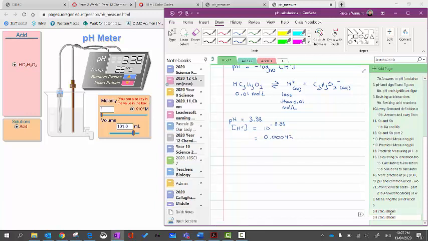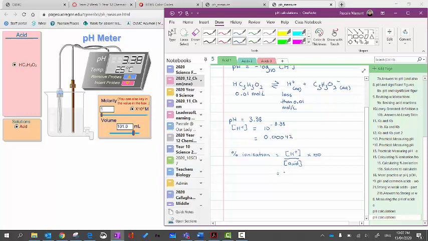Okay, and now that we know the hydrogen ion concentration, the percentage ionization is going to be the hydrogen ion concentration divided by the acid concentration times 100.